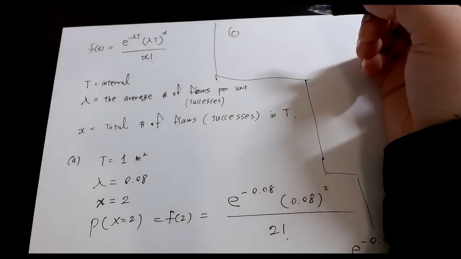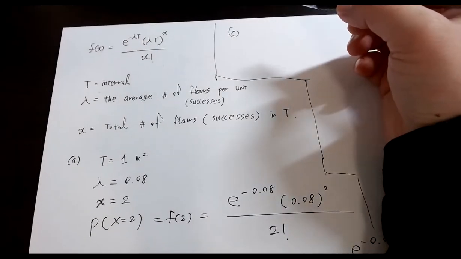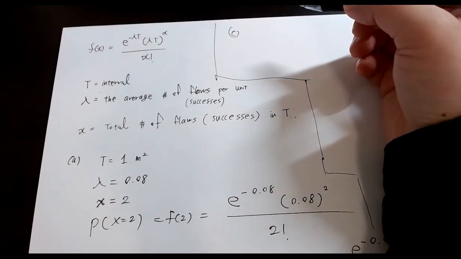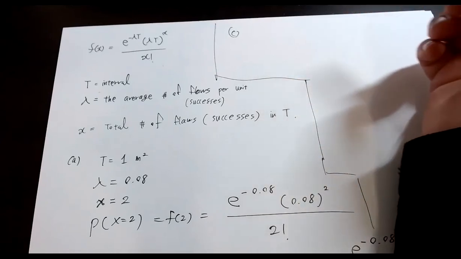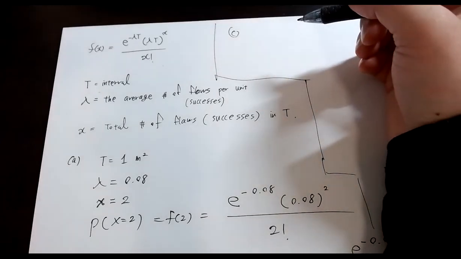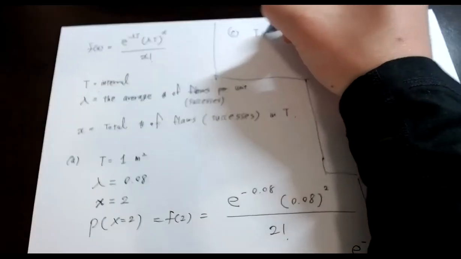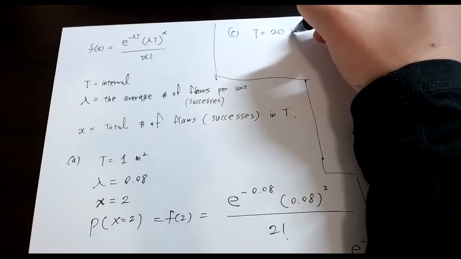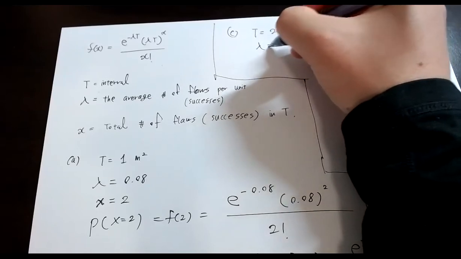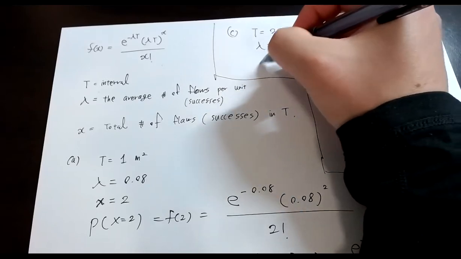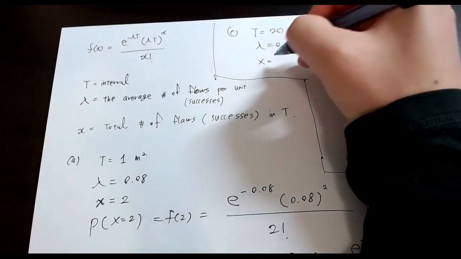So here t is 20 square meters, lambda is still 0.08, and x is going to be 0.